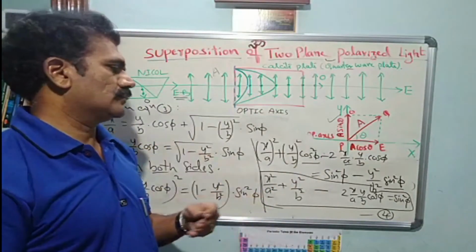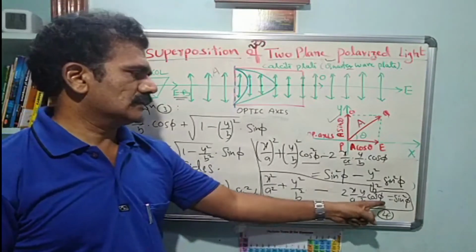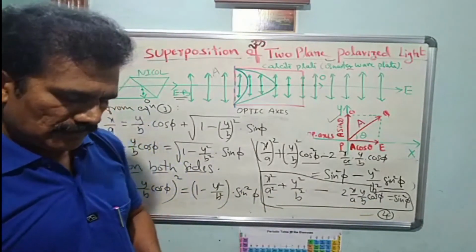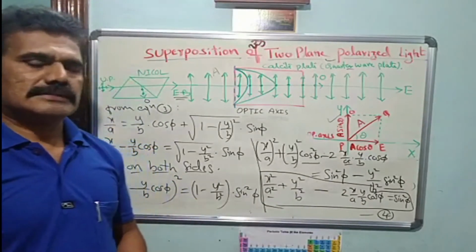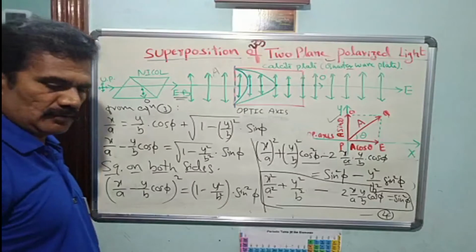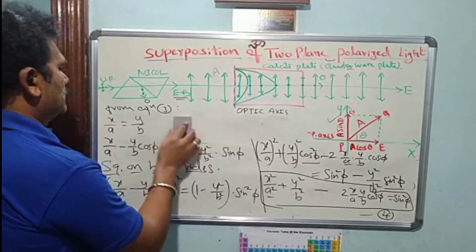Ellipse type of wave should be obtained as per this mathematical equation with the phase difference phi. Clear. Now, with the help of this equation number 4, let us see the different cases of how we can obtain the different types of polarized waves, special cases.